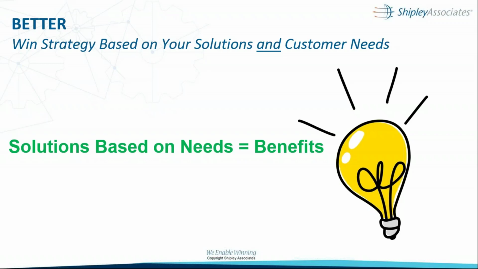Even though they may be the best in the industry, that doesn't mean they are inherently valuable to that particular buyer. So it takes bridging the solution to the customer needs to make that connection, and then aligning the needs of the client to the benefits your solution will provide. That's really the difference. The solution is based on needs, which can then be represented in your proposal as explicit benefits to the client.